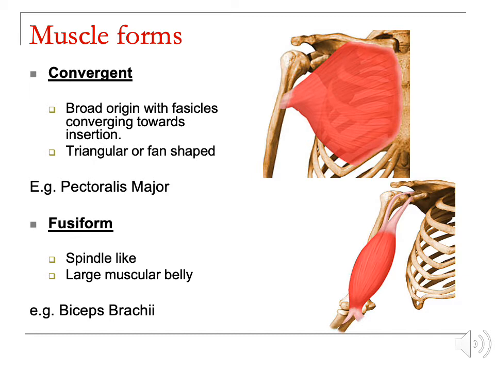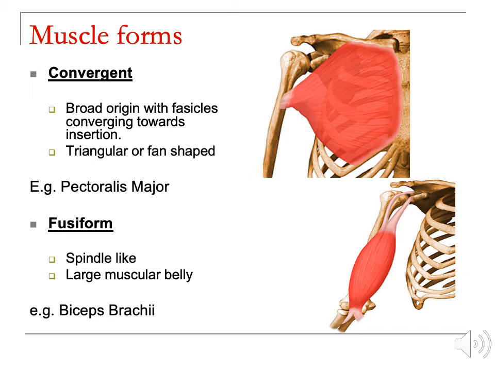Our second muscle form on this page here is the fusiform muscle. The fascicles here are almost parallel, and they terminate in sort of quite flat tendons. The muscles taper together towards those tendons, and they give this large sort of belly of the muscle within the middle.